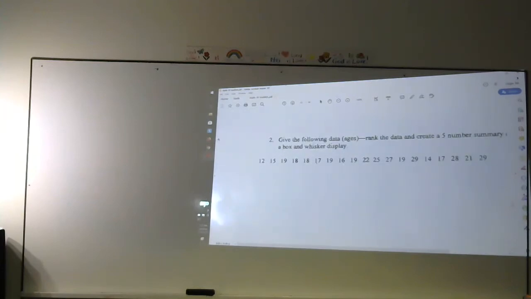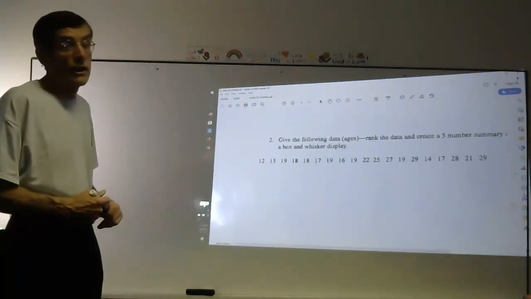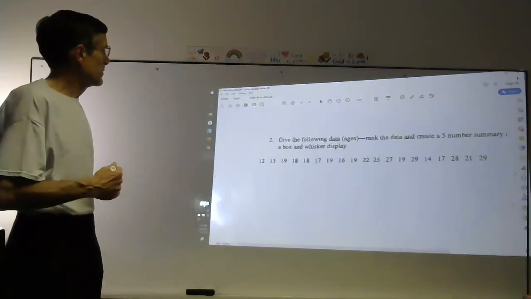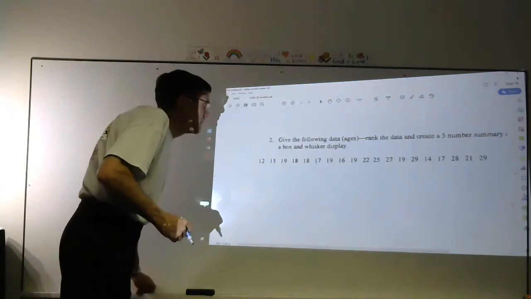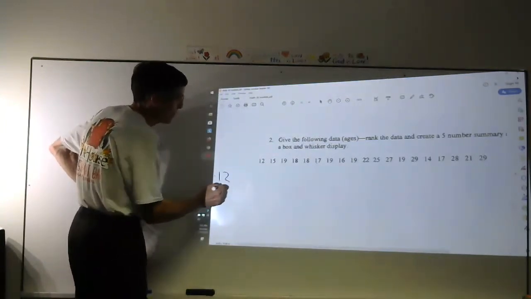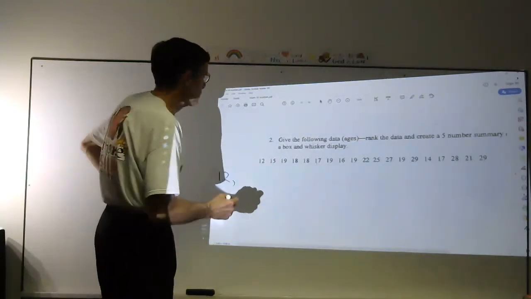Okay, it says rank the data, and you can readily see that this is not in order. So we've got to put it in order, okay? It looks like 12 is the smallest one, so I'll start here with 12. What is next? 14.